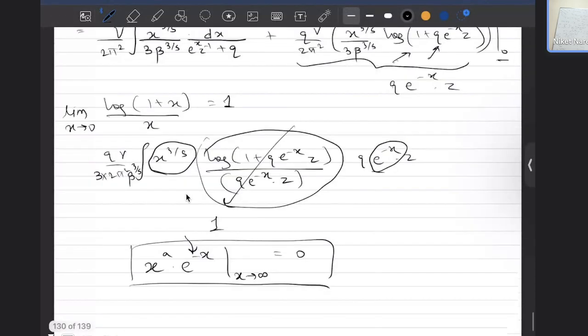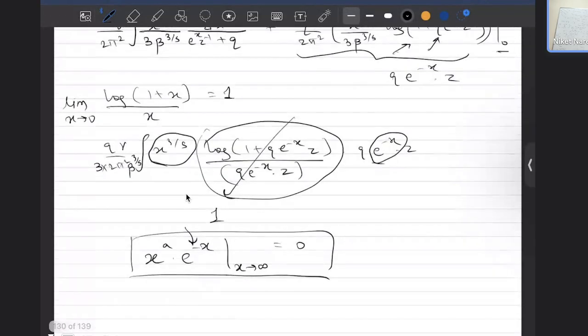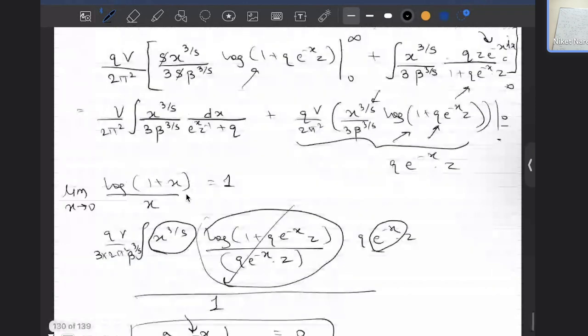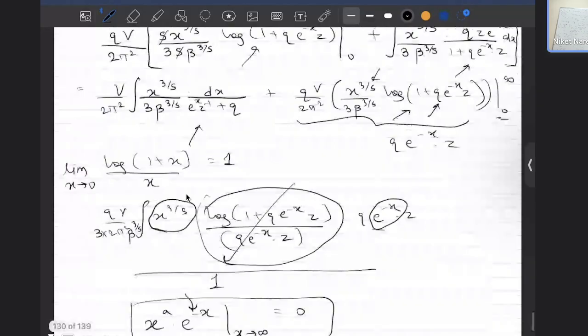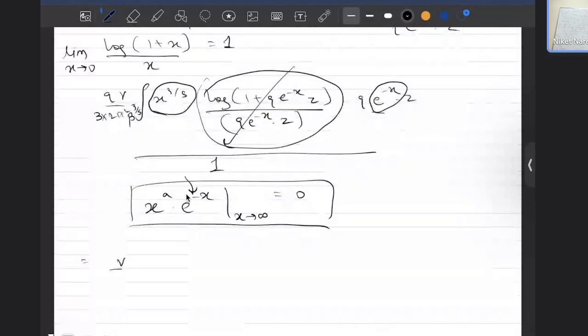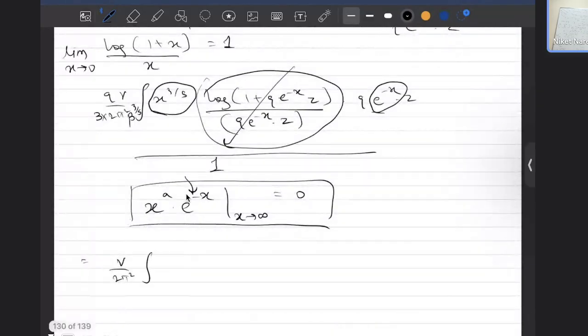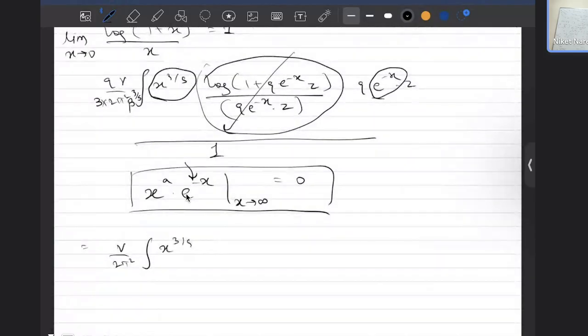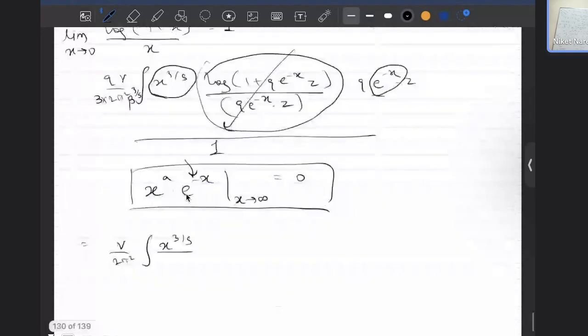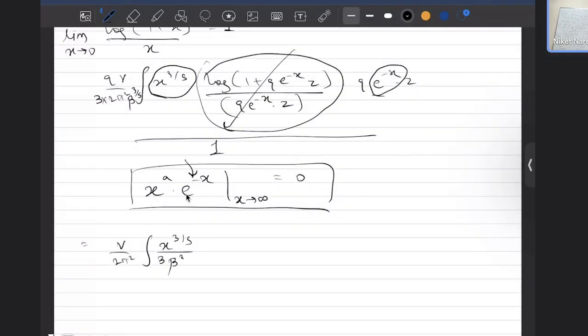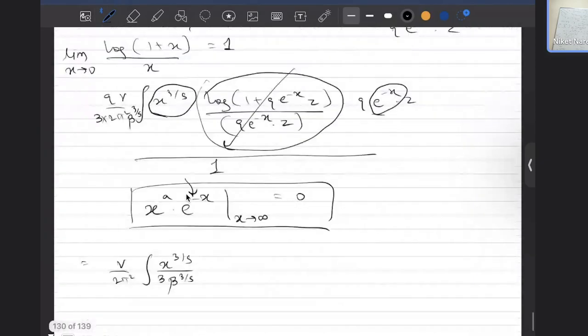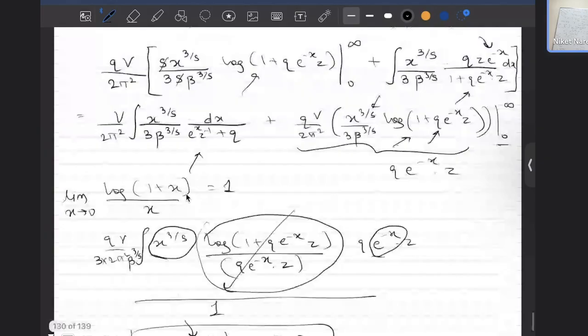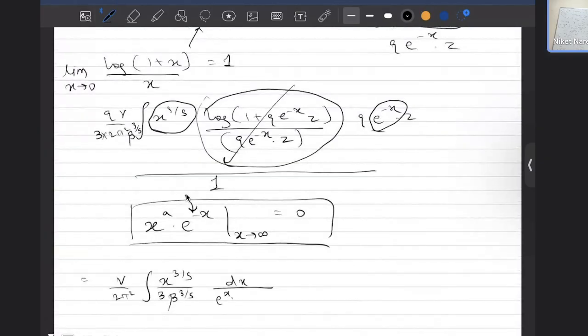So what we can see is that this term will not contribute at all. The second term will not contribute and I will have only this term. So what I get is simply V by 2 pi square integral x power 3 by s divided by 3 beta power 3 by s, dx by e power x z inverse plus q. This is my beta PV.